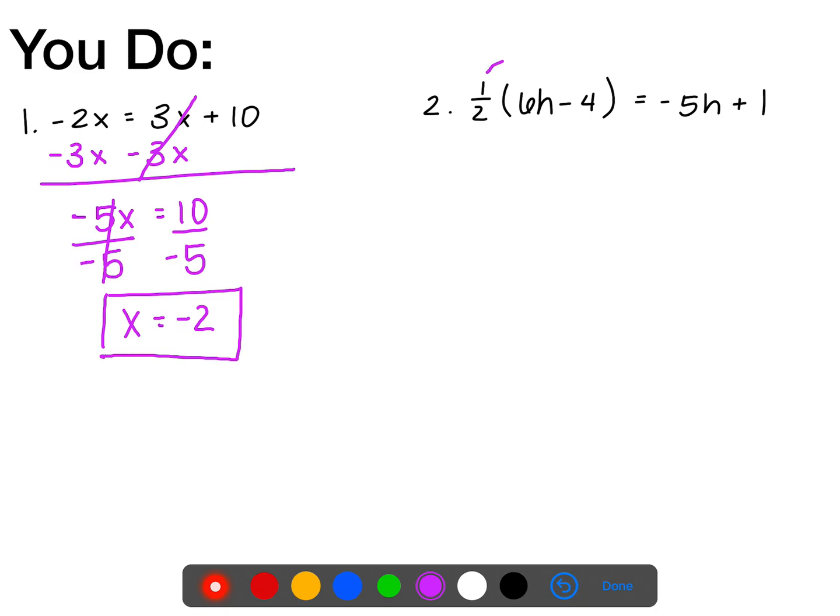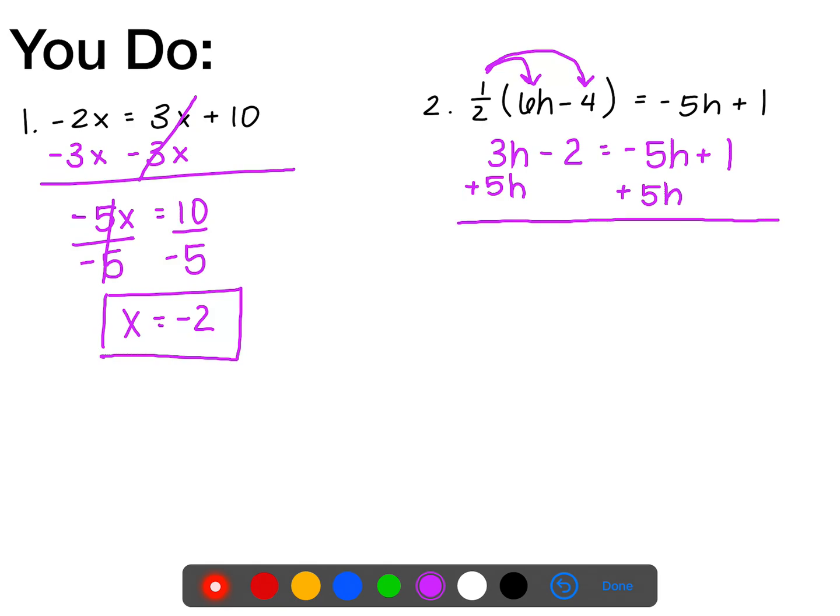My next one's a little bit trickier because I threw in that fraction. But I'm going to distribute that 1/2. So 1/2 of 6 gives me 3h minus 1/2 of 4 is 2 equals -5h plus 1. I don't have any like terms, but I do have variables that I have to move. I'm going to move the 5h because a -5h is smaller than 3h. I'll move it over here, making sure to line it up with my h's. 3h plus 5h gives me 8h minus 2 equals 1.